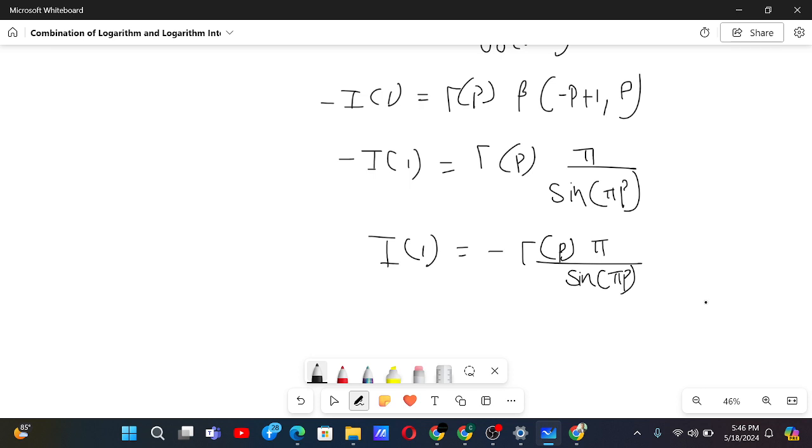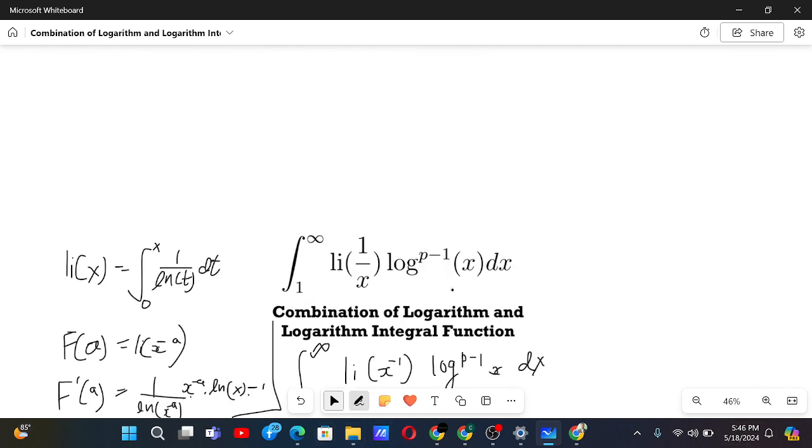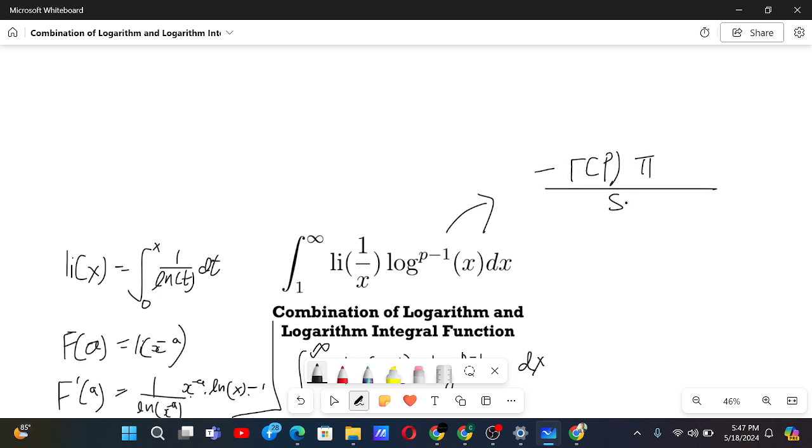And this is the answer. We have now finally got our solution, which is minus gamma of p pi by sine pi p. This is clearly a beautiful answer.